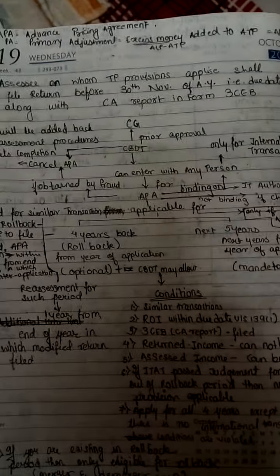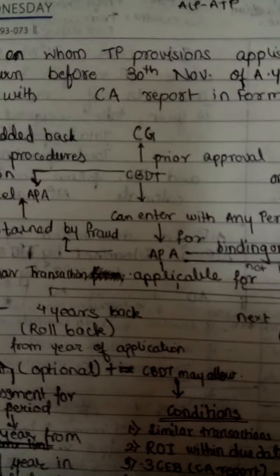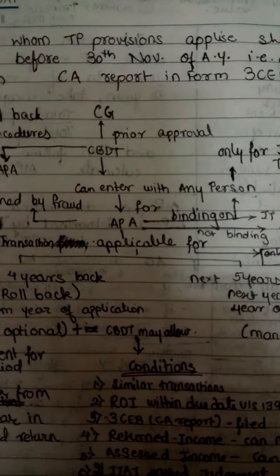Now we are moving to another part, that is APA, advance pricing agreement. So the charts begin from here. CBDT can enter into APA with any person with the prior approval of CG.